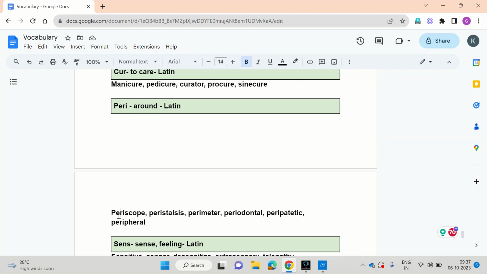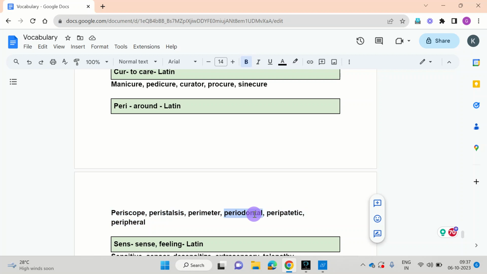Periscope is designed in such a way that you can see on all sides. Peristalsis. Peristalsis is the movement of food all around the intestines. Because of this peristalsis only, we digest food. Otherwise, we cannot digest the food.